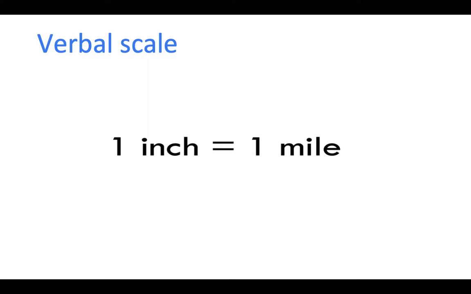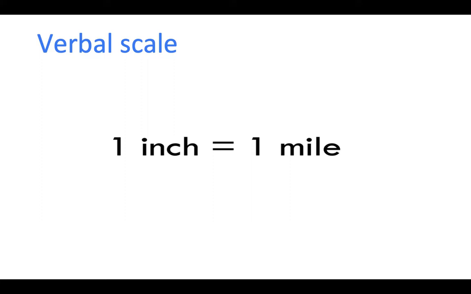All right, so it's that ratio between what's on the map and reality and all that. But there are 3 ways in which we will actually express the ratio. And typically on a map, we're going to have each of these 3 ways on there, right? So it's not a case of you pick one and that's it. They all work together. They all mean the same thing. They're simply different ways of doing that.